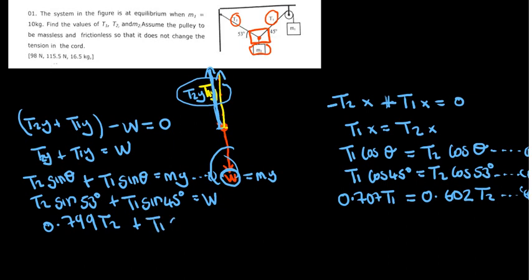T1, then sine 45, so it's giving 0.707. T1 is equal to W. Okay, so now we have these two expressions.